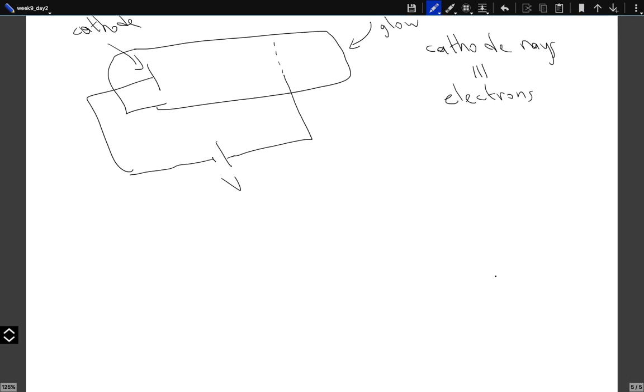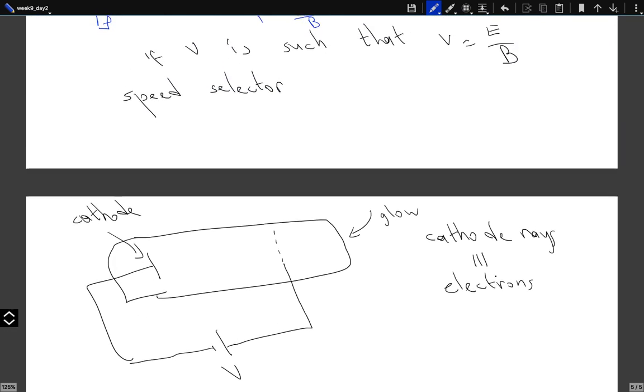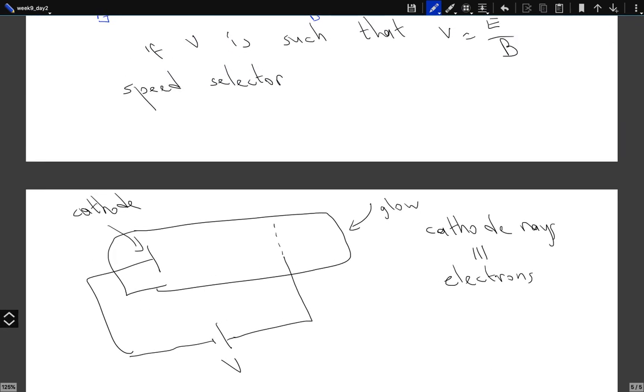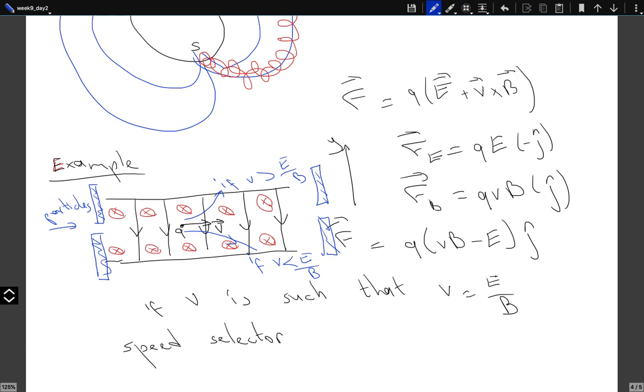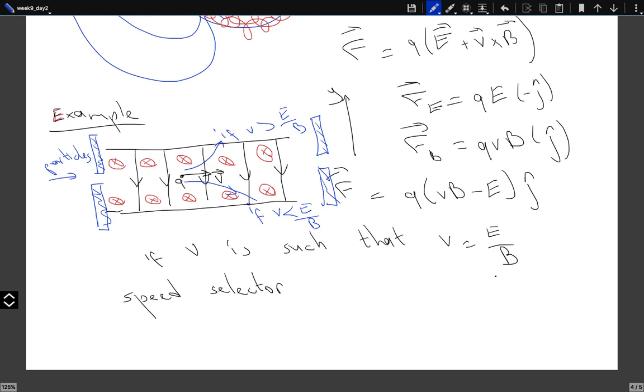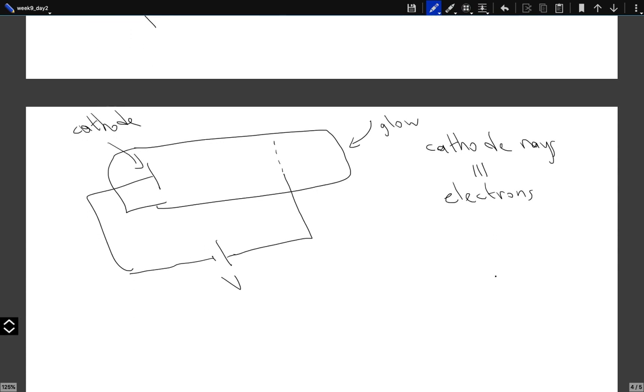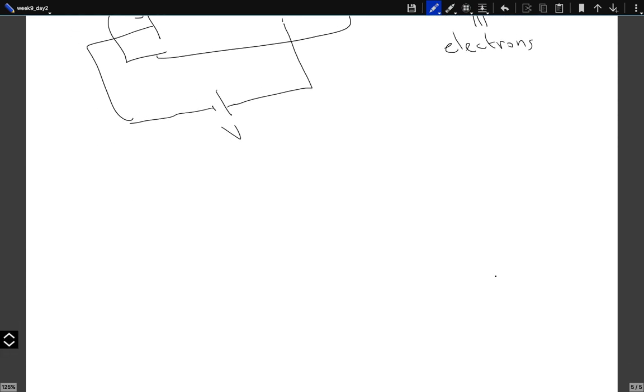And, well, one way of measuring that, so here we have our system. Then what we do is we send them through such a system, and now we can determine how much they bend. So you have your cathode rays. Okay, let me just sketch from the book. This is the system where you have your cathode rays.